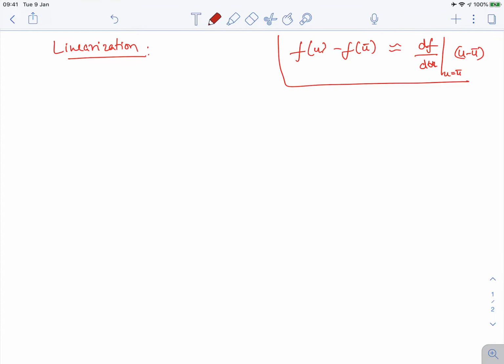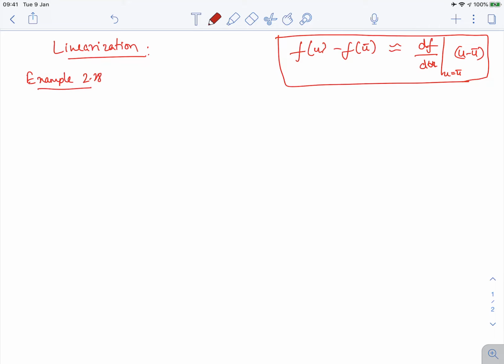Okay, this is our main equation for the linearization. So let's take an example now. This is example 2.28 from the textbook by Norman Nise.